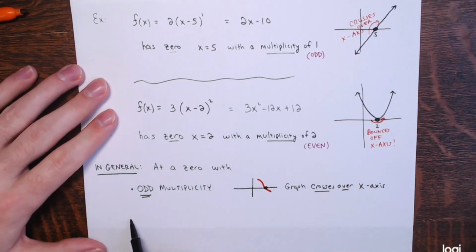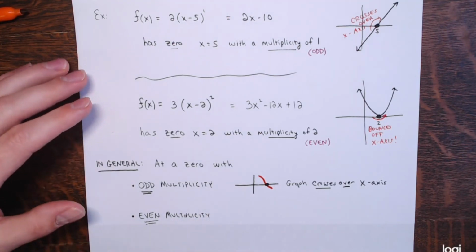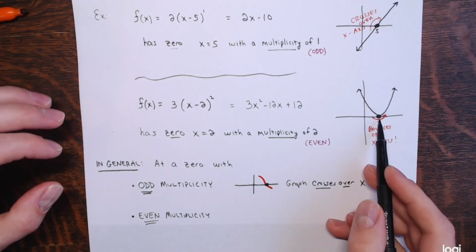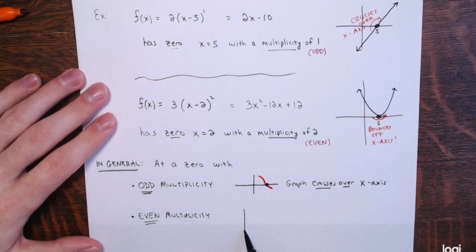And at a zero with even multiplicity, it'll be like this parabola here. The graph will hit the x-axis but not cross it. It'll bounce off. All right, so something like this.